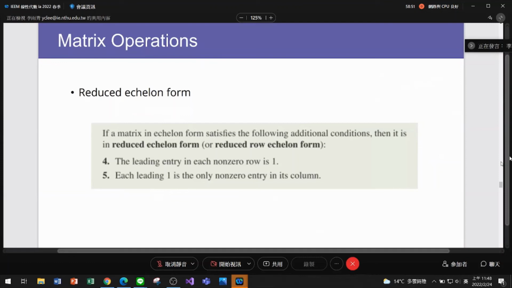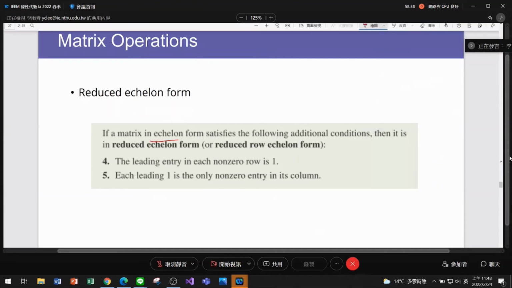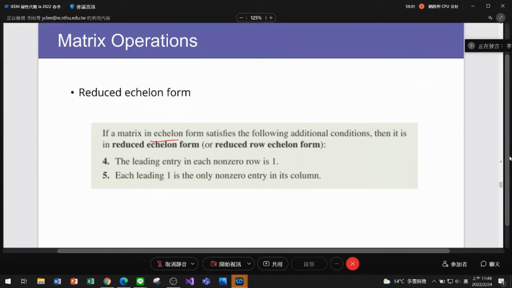Okay, here's a definition of the reduced echelon form. If a matrix in echelon form satisfies the following additional conditions, 就是这些 condition 呢是额外的，在除了 echelon form 它必须要满足的3个之外，other than the 3 conditions that need to be satisfied by the echelon form, we need additional conditions to make it a reduced echelon form or reduced row echelon form, which is: the leading entry in each non-zero row is 1, and each leading entry, leading 1, is the only non-zero entry in each column.